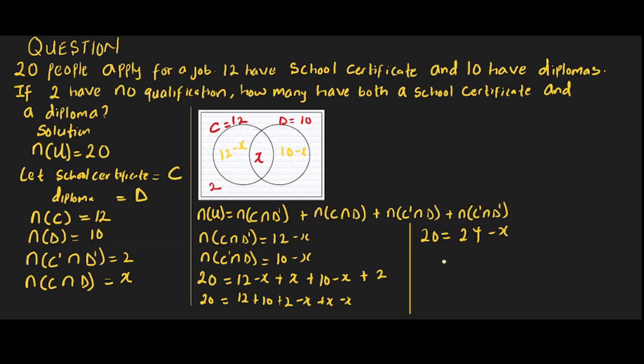Bring this to the other side, we have x equals 24 minus 20. That is 4. That means x equals 4, and n(C intersection D) equals x equals 4. How many have both school certificate and diploma? The answer is 4.